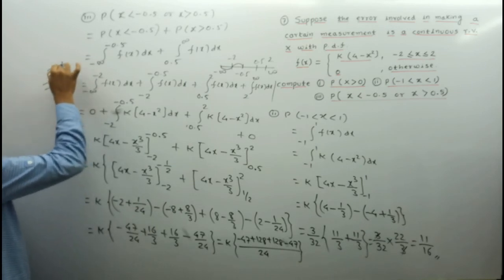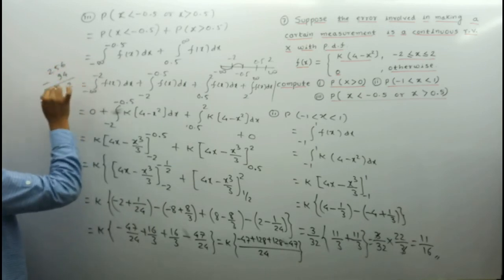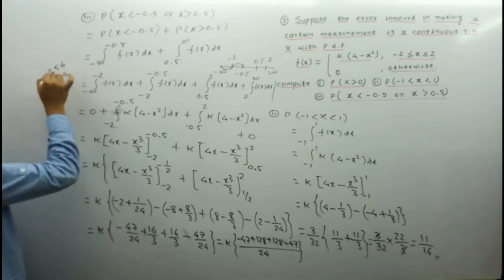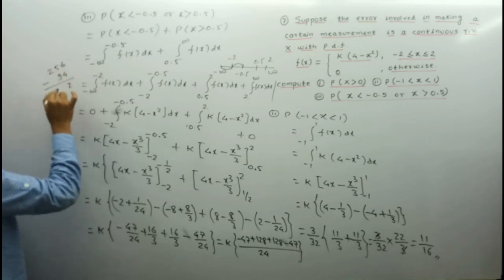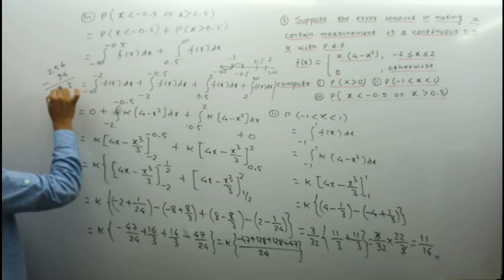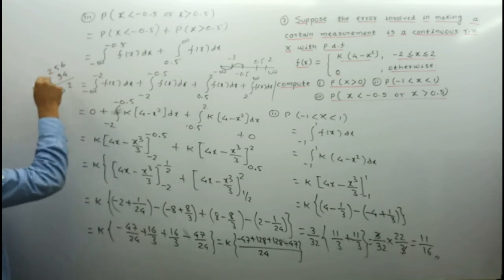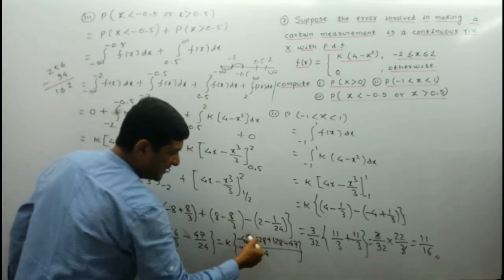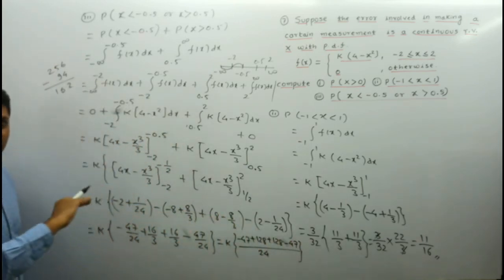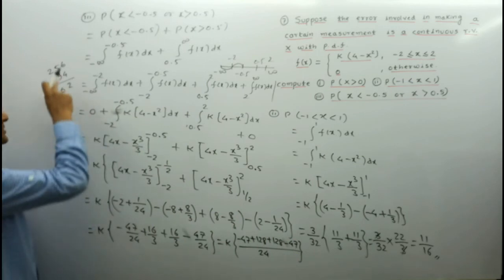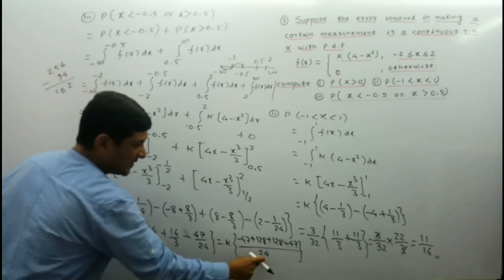So take the subtraction. 6 minus 4 is 2 and 25 minus 9 will be equal to 16. 25 minus 9 is 16. Means the total addition and subtraction of this numerator will be equal to 162 upon 24.